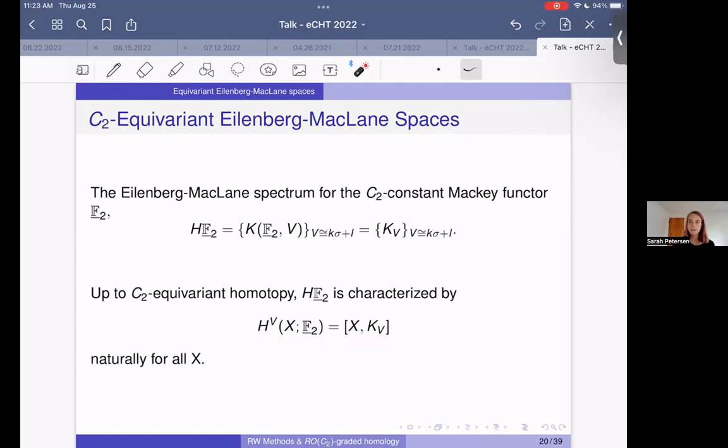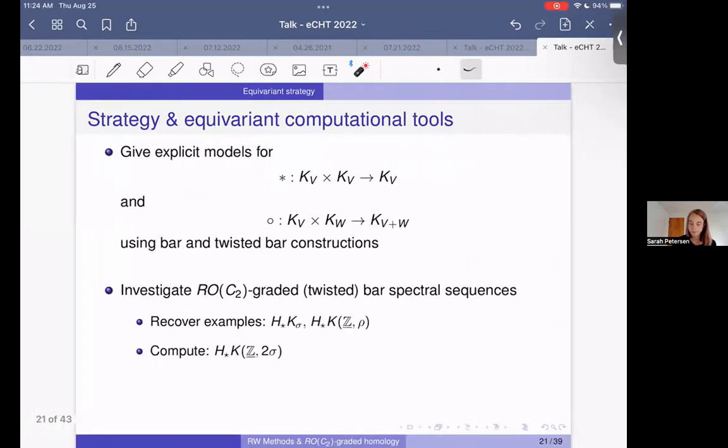So this gives rise to a star product. And additionally, HF2 is a genuine equivariant ring spectrum. And for this reason, we also have a circle product. So we can try investigating these 2 products and hope that we'd be able to construct a number of elements in homology in a similar way.